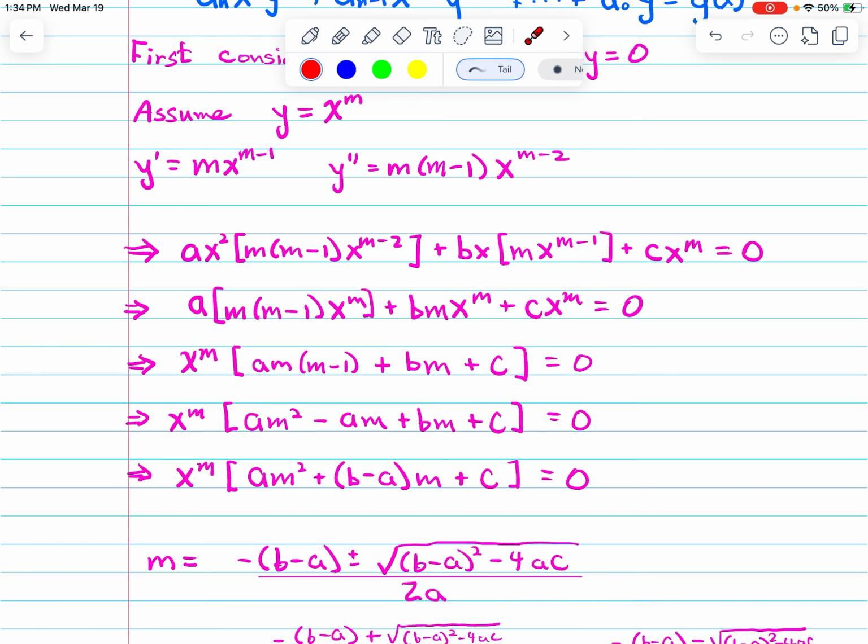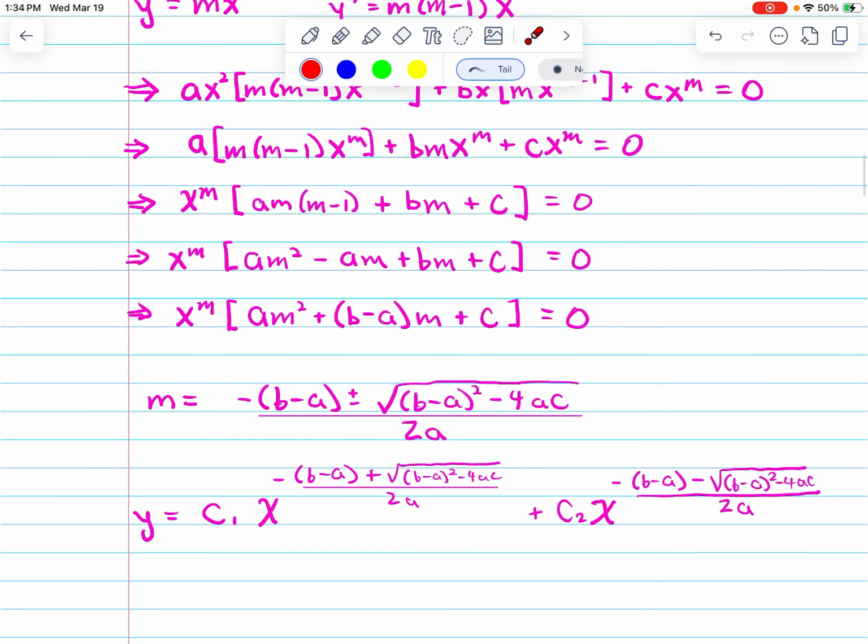At this point, I can go ahead and solve this because this is just a quadratic equation. And I can use the quadratic formula where I have negative the coefficient of the first power term, plus or minus the square root of that coefficient squared minus 4ac, all over 2a.